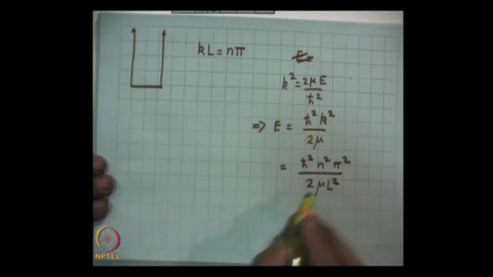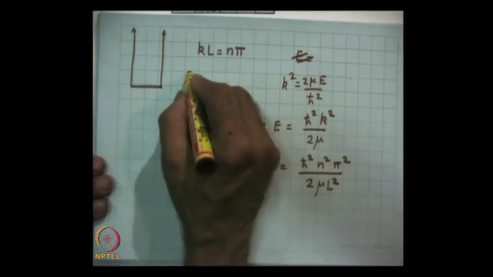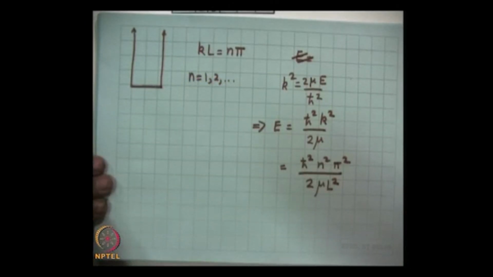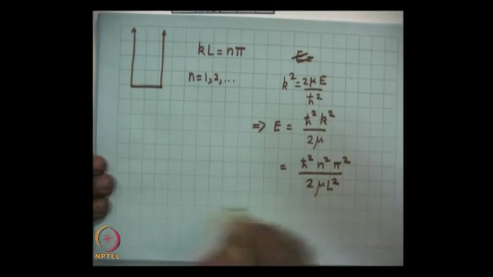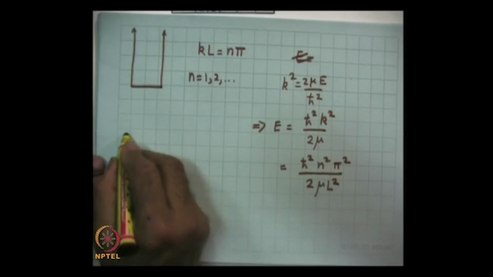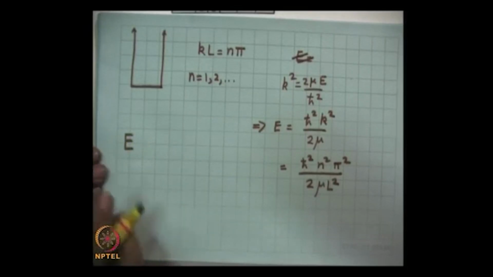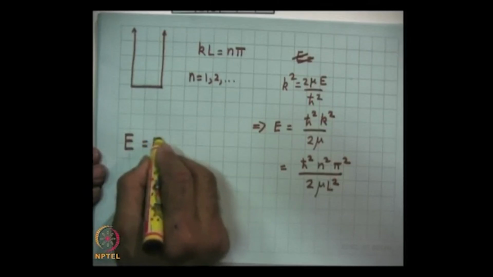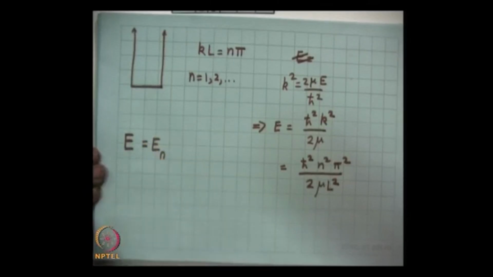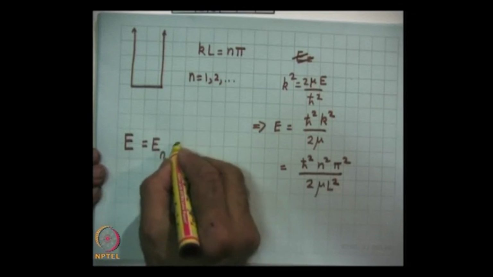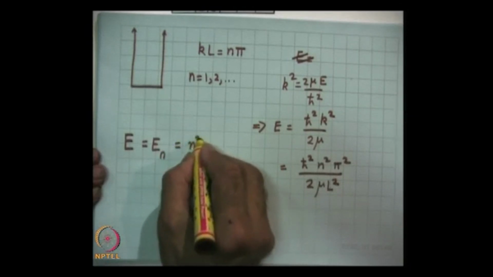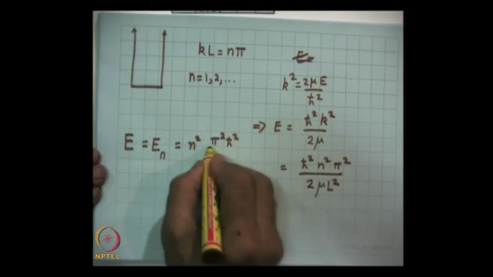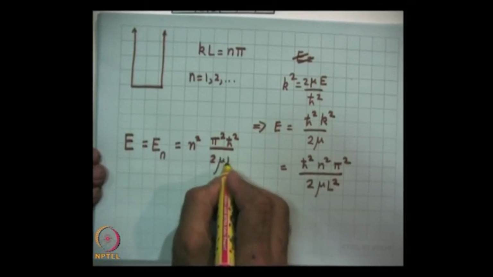So, this becomes where n can take only discrete values, n is equal to 1, 2, 3. Therefore, the energy E of the particle can take only a set of discrete values E n, which is equal to n square times this constant pi square h cross square by 2 mu L square.